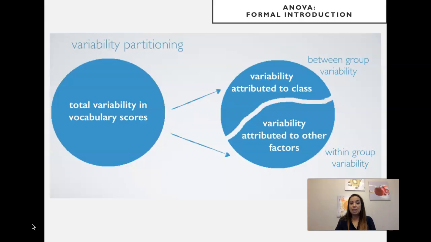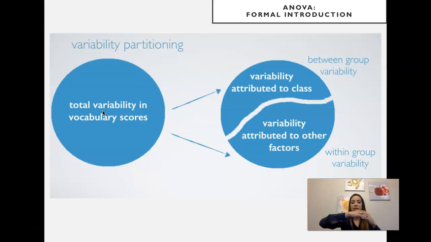So ANOVA, analysis of variance, comes from the fact that ANOVA deals with variability. It partitions variability into two types, which I alluded to before, which is the between group variability and the within group variability. So we can think of the total variability bucket as the full spread of the data, right?